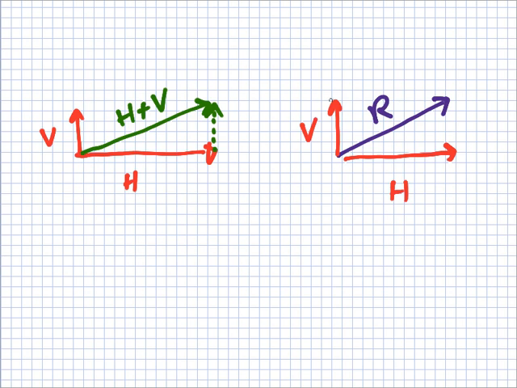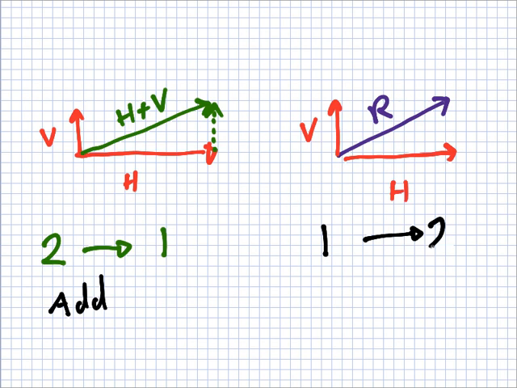If you want to take two vectors and make them into one resultant vector, we just call that adding the vectors together. But if you have one vector and you want to take it back to the two vectors it was, we call this resolving the vectors.